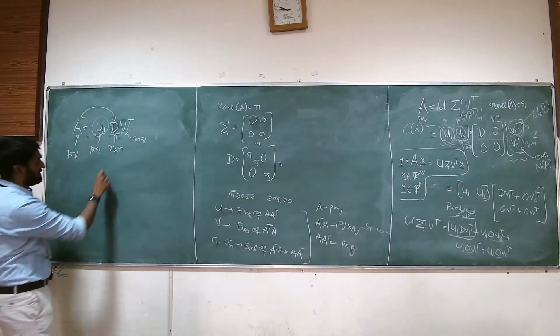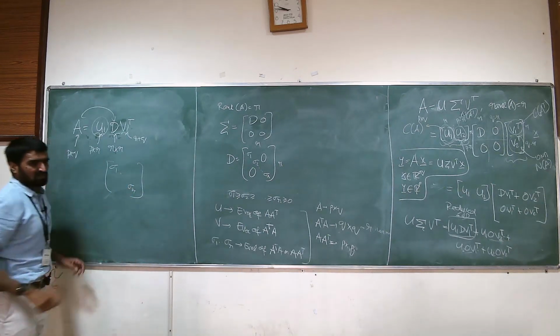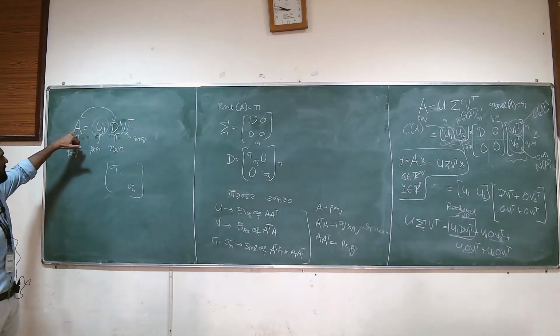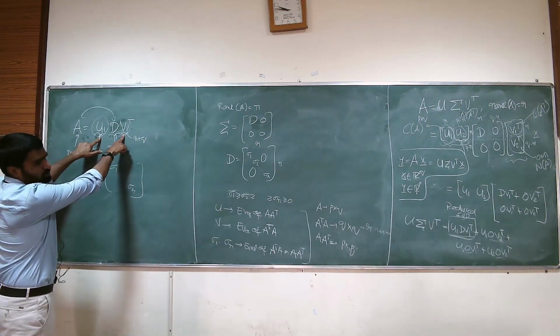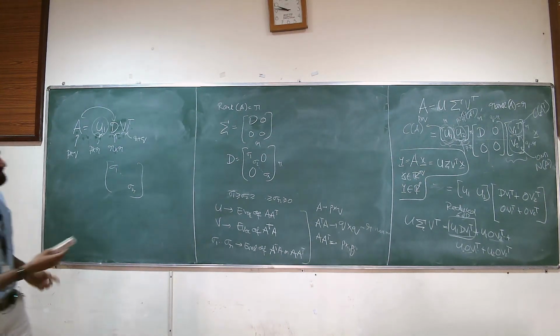And since D is diagonal, this is a way of diagonalizing an arbitrary rectangular matrix, but because it's rectangular, you have to work with two different bases. We'll do a couple of examples and then quickly move on.